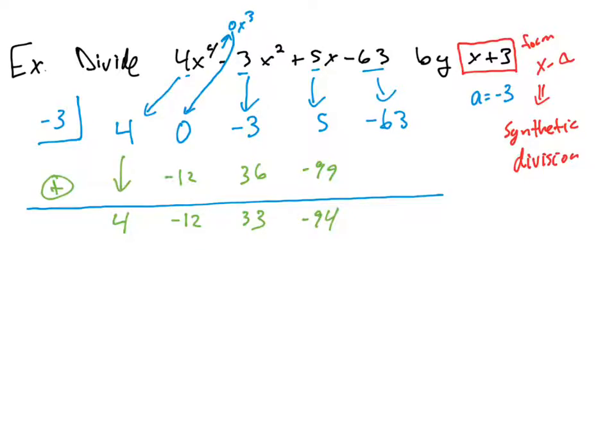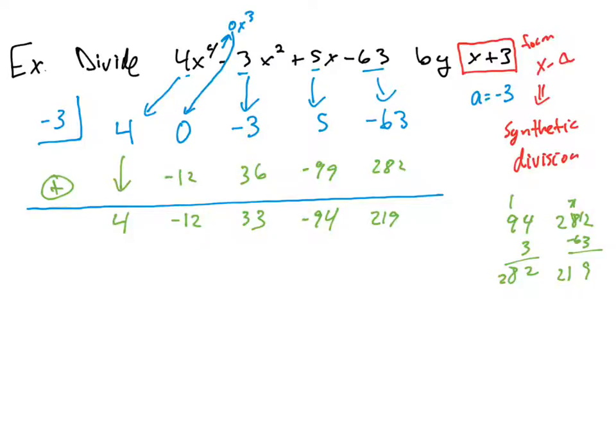And then negative 94 times negative 3 is 282, positive. And then we're adding there, so that looks like 282 minus 63, 219.